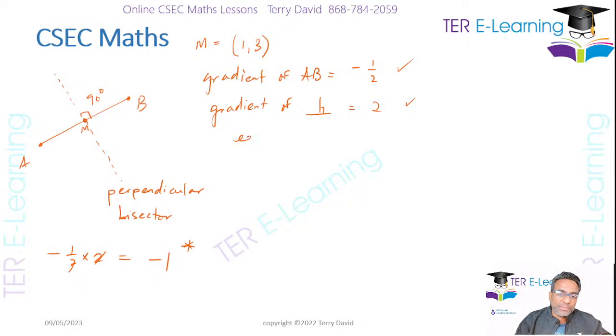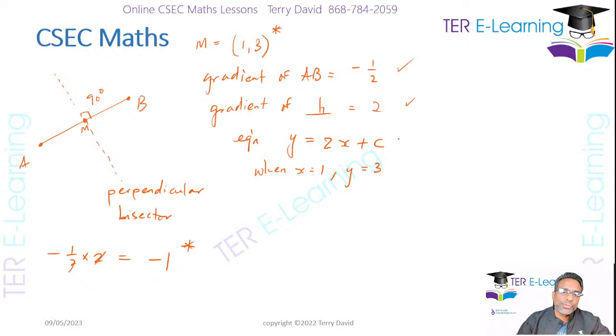So the equation of the perpendicular bisector is going to be y is equal to 2x plus c, because we just worked out that the gradient is 2. Now we need to figure out what c is. To do that, we're going to use your midpoint, which is 1, 3. So when x is equal to 1, y is equal to 3.